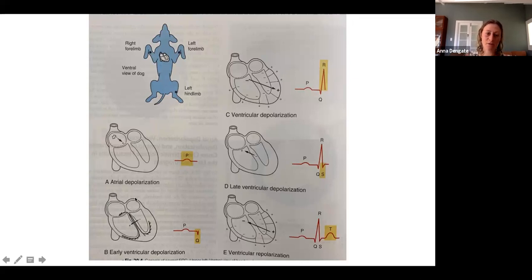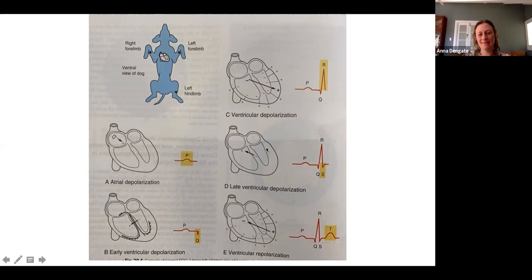And as the conduction heads down the septum towards the left hind limb, we see a big positive deflection. And as it goes back up the ventricular wall, it goes negative again because it's going away from the left hind limb. So it goes towards and then away.